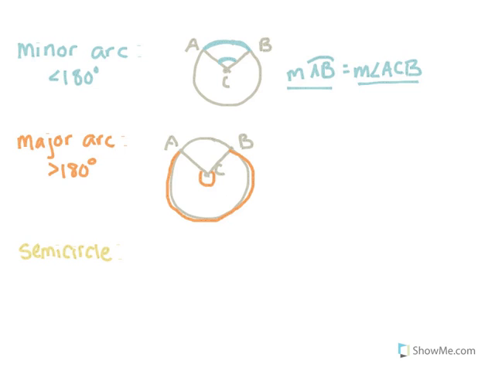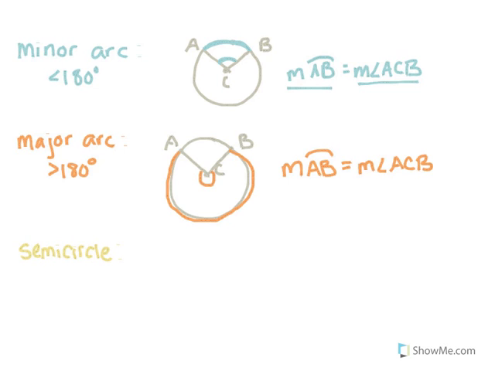So we would name it the same way. We would say that this is the measure of arc AB, which is also equal to the measure of its central angle, ACB. So if you're ever given a situation where you could have two different arcs like this, you just have to know which one that you're talking about.